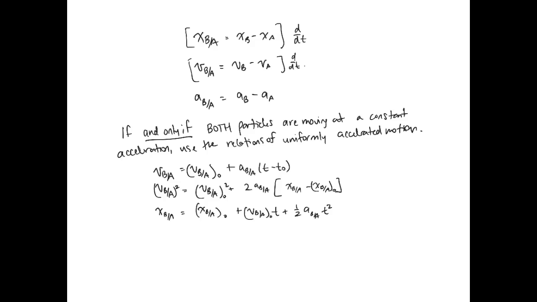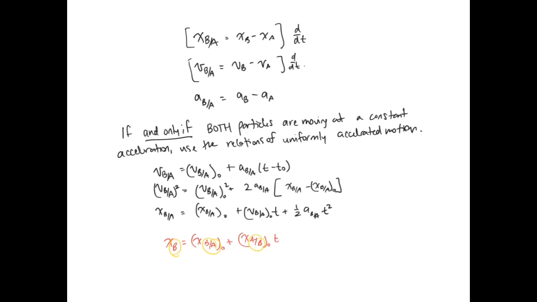I copied those equations out for you as a reference, but they're the same uniform acceleration equations that we used before. Just make sure that you're consistent. You can't say xb is equal to xb over a naught plus xa over b naught t. Whichever variable you're using has to be the same variable for all equations, so essentially make sure that you have the same subscript for all of them.